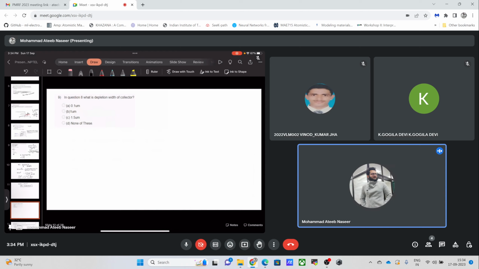Now we are required to find the depletion width of this collector once the punch through has occurred. So this x2 will simply be equal to 2 times epsilon naught epsilon r times VBI plus this punch through voltage, divided by Q NB NC times 1 by NC plus NB.